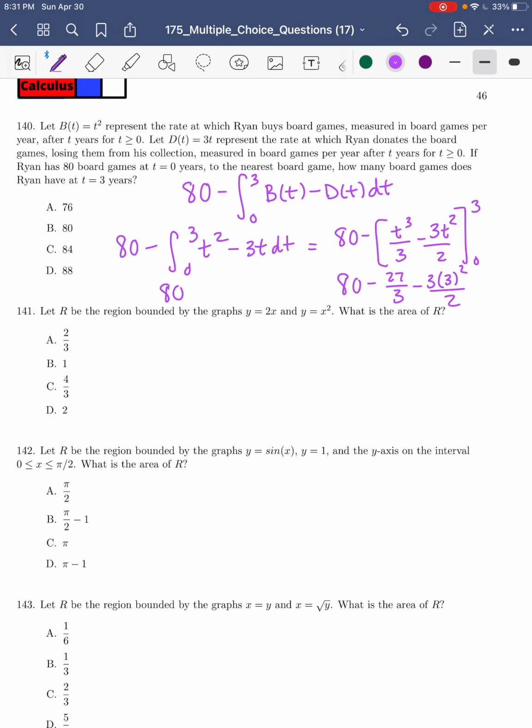So this is really 80 minus 9 minus 27 over 2, which is 13.5. If you calculated that, you should get 75.5. But to the nearest whole number would be A, 76.